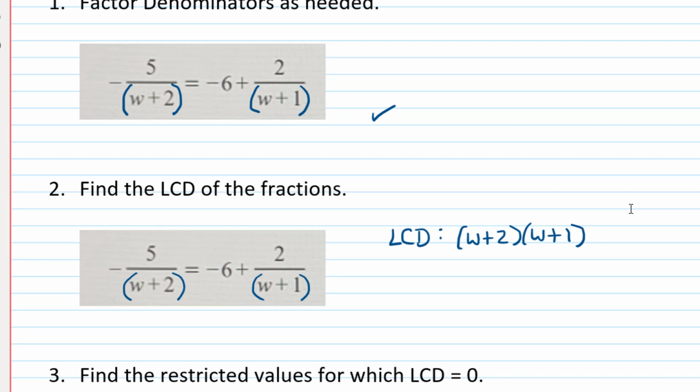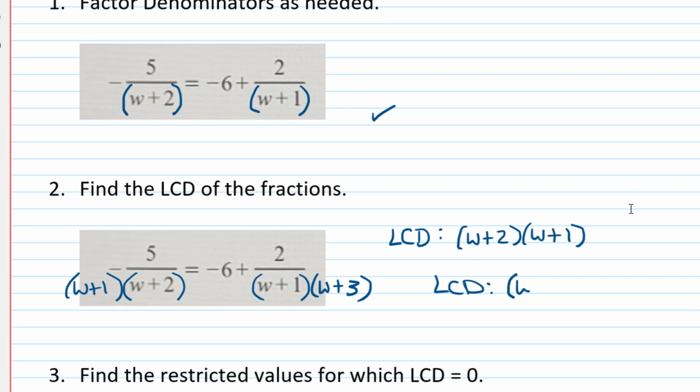If there's any overlap, like let's say it had been w plus 1 times w plus 2 and w plus 1 times w plus 3, then the LCD would be a little bit different. You would not just multiply all four of those factors together because you only need the w plus 1 to appear once, since it only appears once in each denominator.